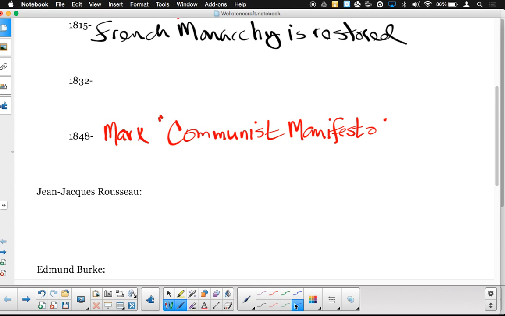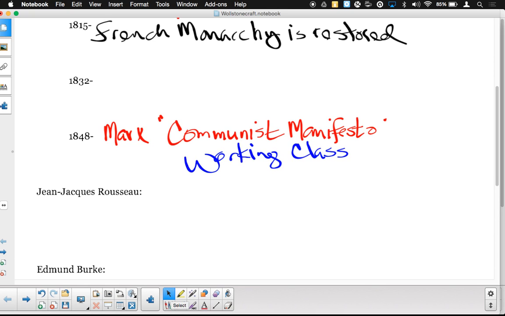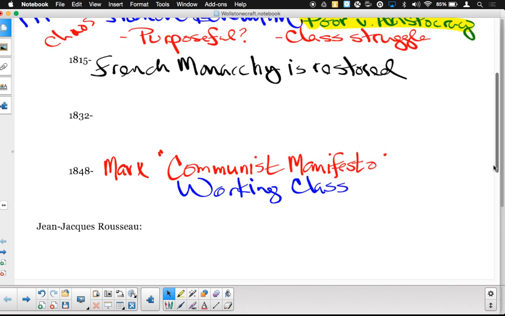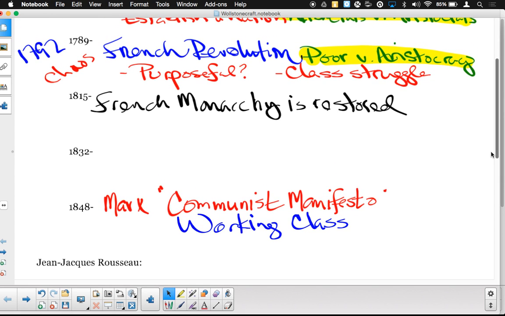Because when you say Communist Manifesto, people start to go anvil, sickle, Russia, Soviet Union, Cold War, but really it's geared more toward the working class, getting a little bit more respect and being able to have a little bit more influence.